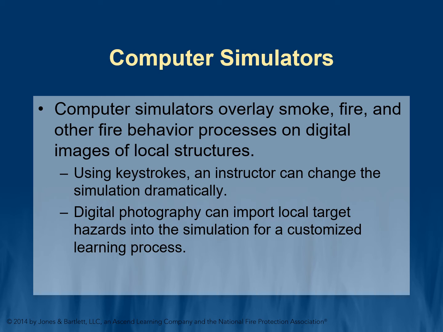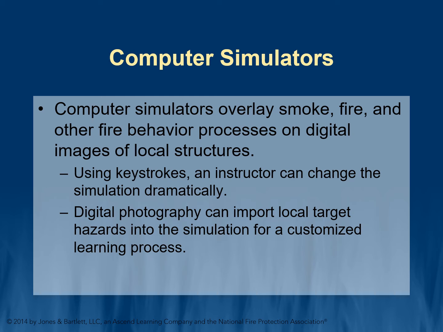Computer simulators can overlay smoke, fire, and other elements over a photograph that you've uploaded or an image. Using keystrokes, an instructor can change the simulation dramatically to light smoke to heavy smoke, no fire to fire to heavy fire. Digital photography can import local target hazards into the simulation.